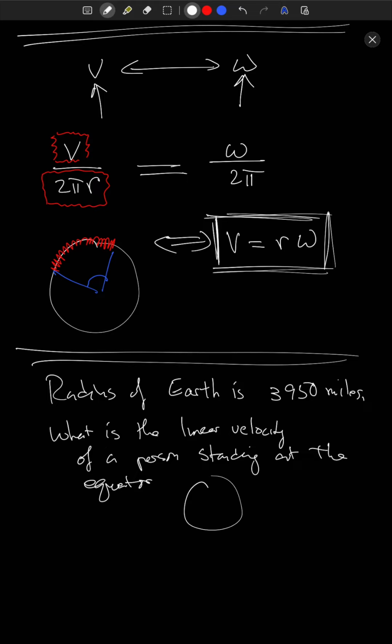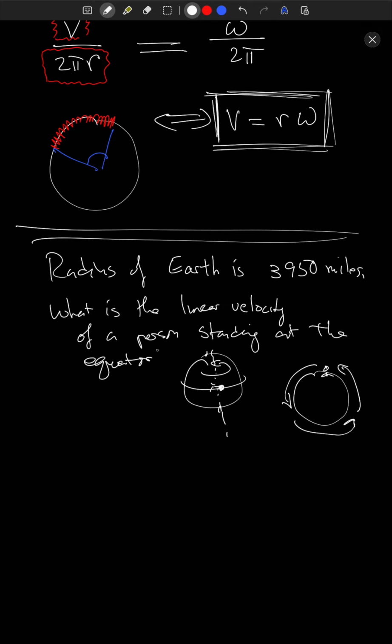If you're on the Earth, standing at the equator, the Earth is spinning about its axis, the North and South Pole axis, so you're moving around in circular motion. If I view from the North Pole, the person would be here, spinning around. So the question is, what is your linear velocity? And of course I can also ask, what is the angular velocity of that person?